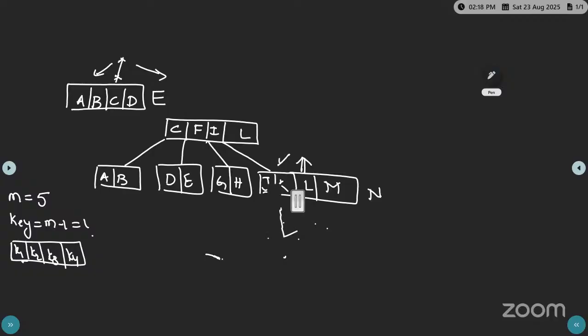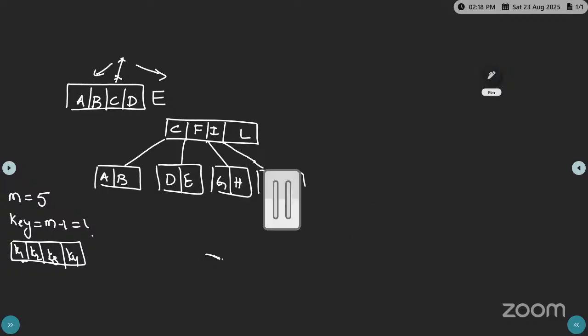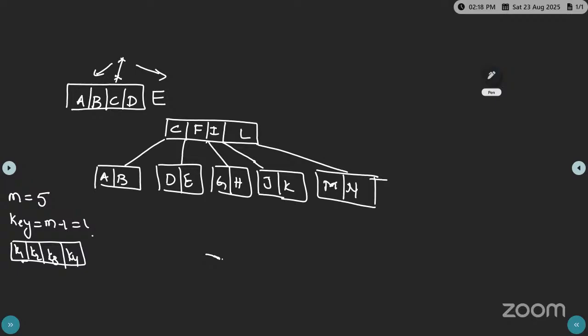To the left of L is J K. To the right of L is M N O P. Remaining 3 more elements to insert.